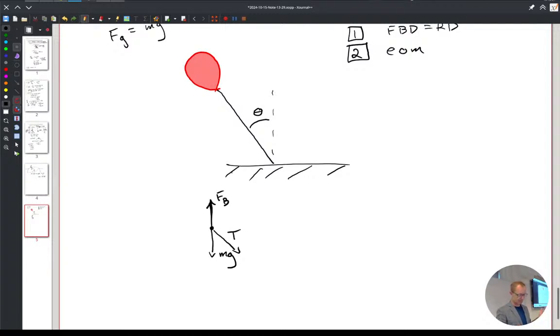There might be an applied force, but at face value, if we're just trying to figure out how this thing is going to move, the general equation of motion, all we need is buoyancy, gravity, tension. Then we can go from there. You can always make it more complicated, but the goal is as simple as possible without any simpler.